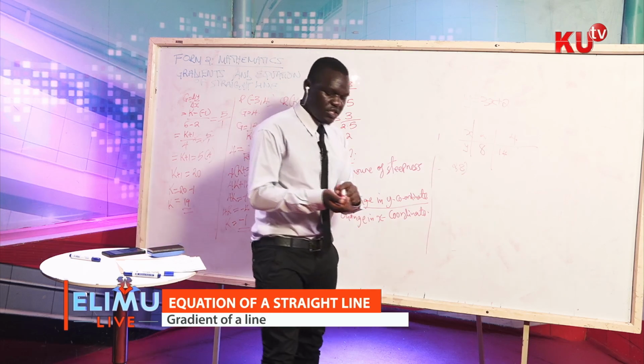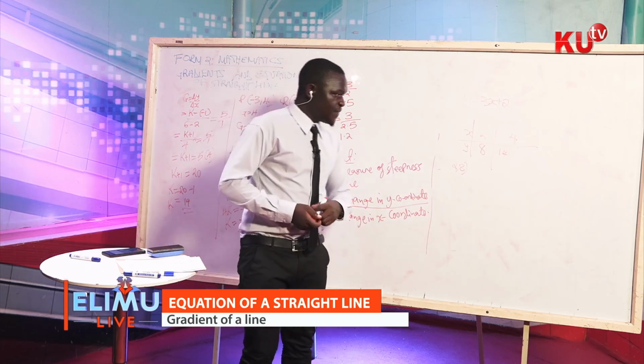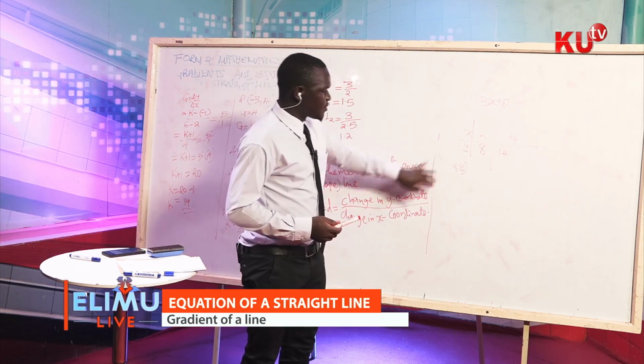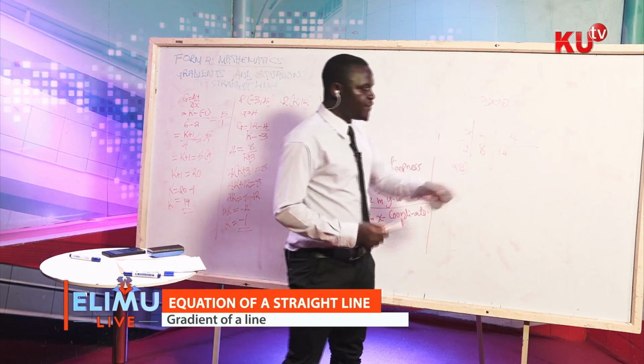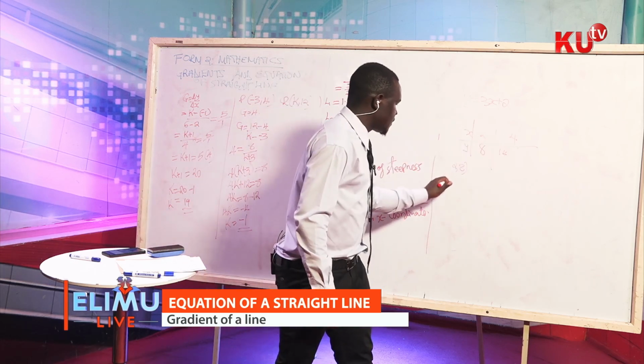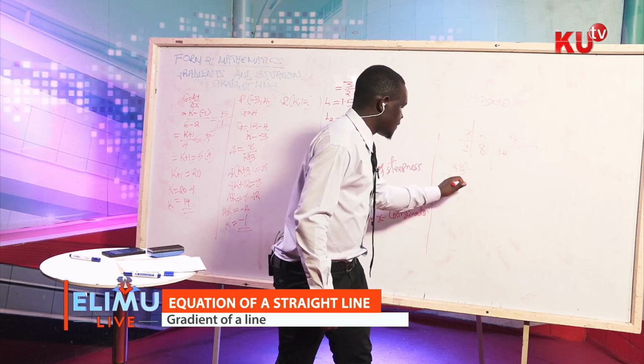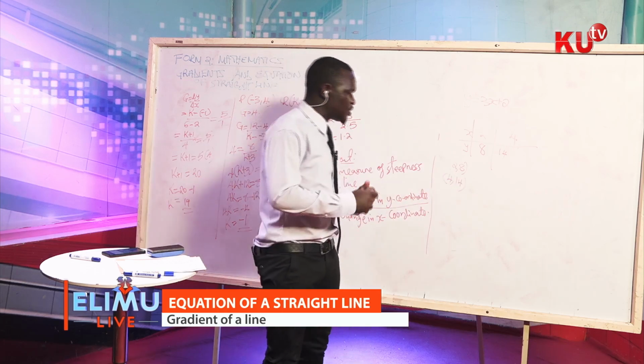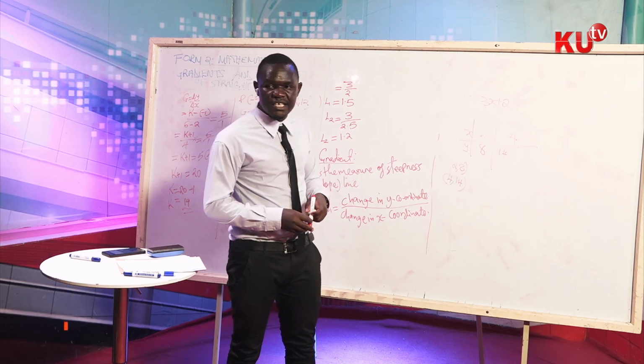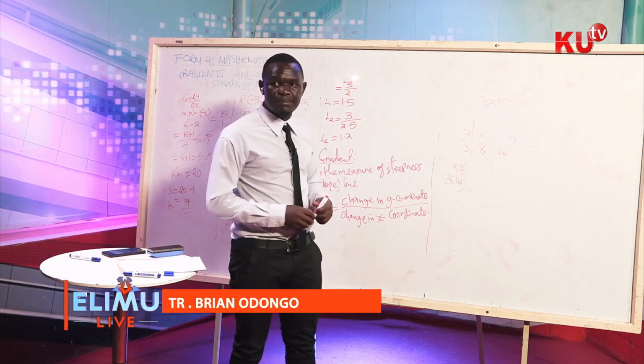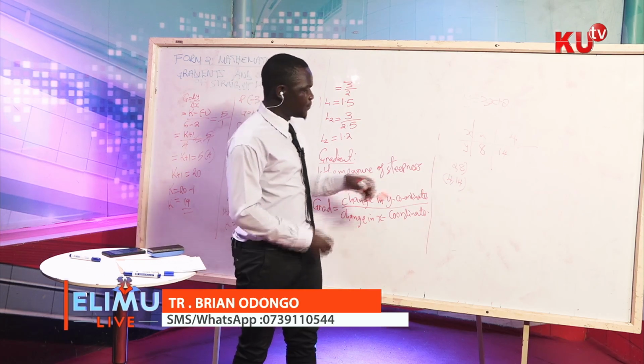That's your first point, that is (2, 8). The next point is when x is 4, y will be 14. So you have the point (4, 14). Now you have those 2 points. I think now it is very easy because it is just the same concept as the one we applied before.